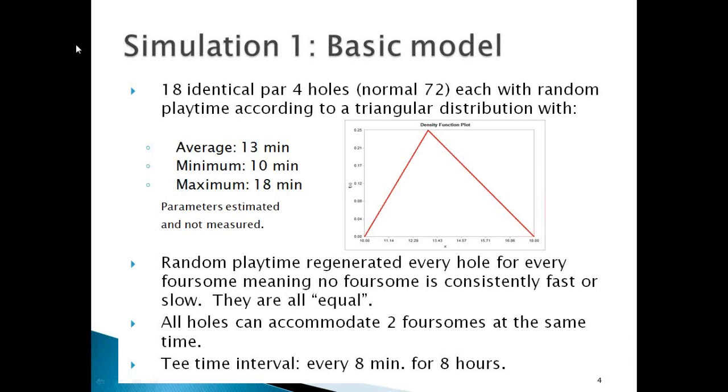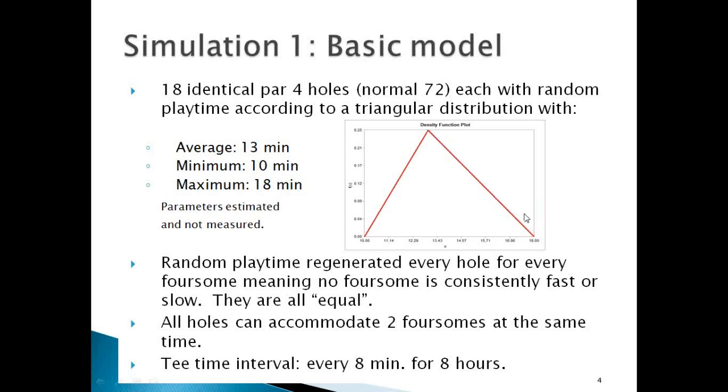First we'll do a very basic model with 18 identical par 4 holes, which is a normal 72. Each hole has a random play time according to a triangular distribution. The average play time is 13 minutes, the minimum is 10, and the maximum is 18.